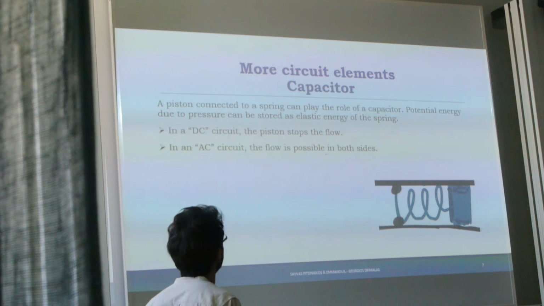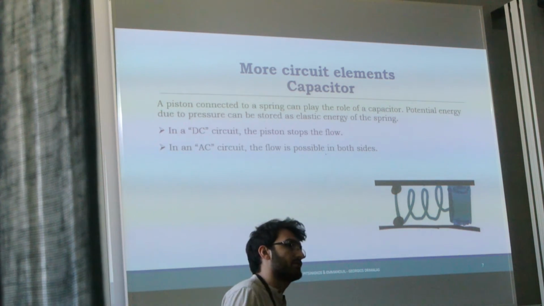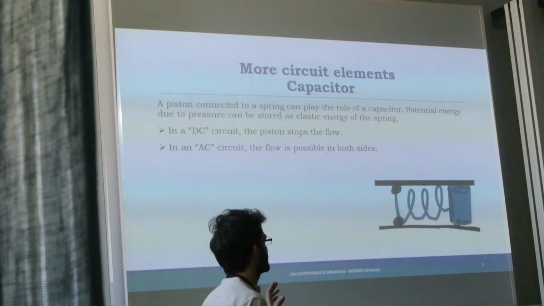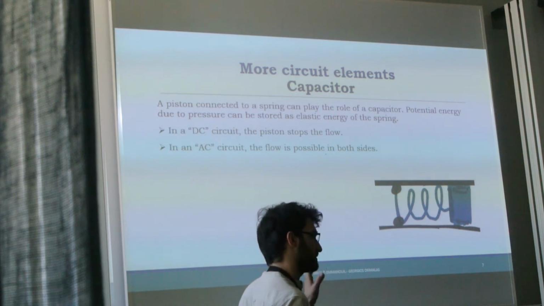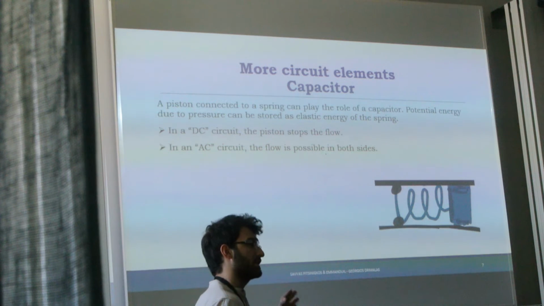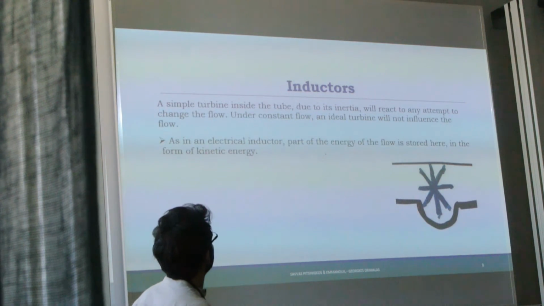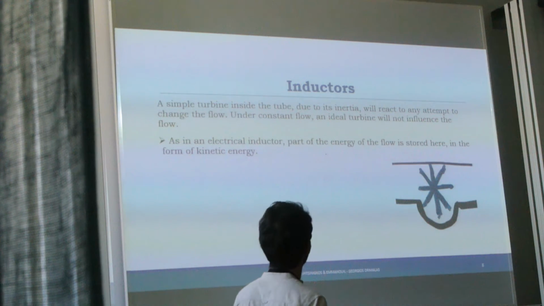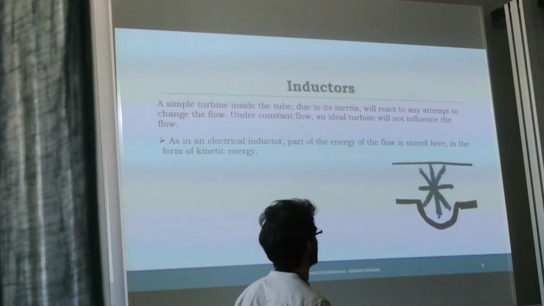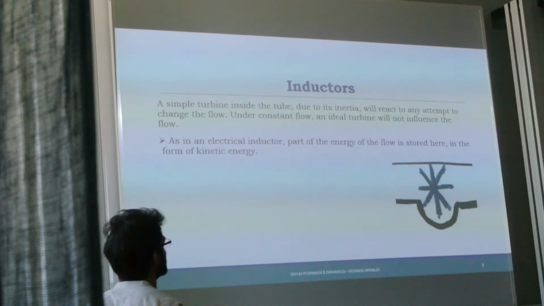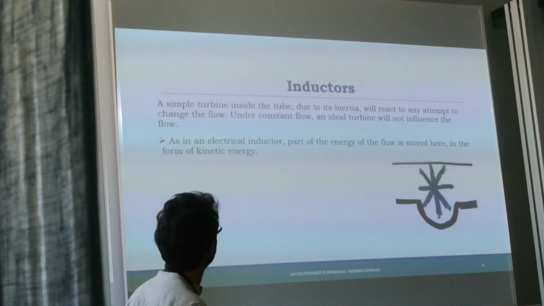In an AC circuit, the flow is not exactly flow. An oscillation in the liquid can be actually visible. Even if we have a capacitor, it's like having actually an alternating current. For an inductor, we use a turbine which has a considerable mass and which, due to its inertia, will react to any attempt to change the flow.